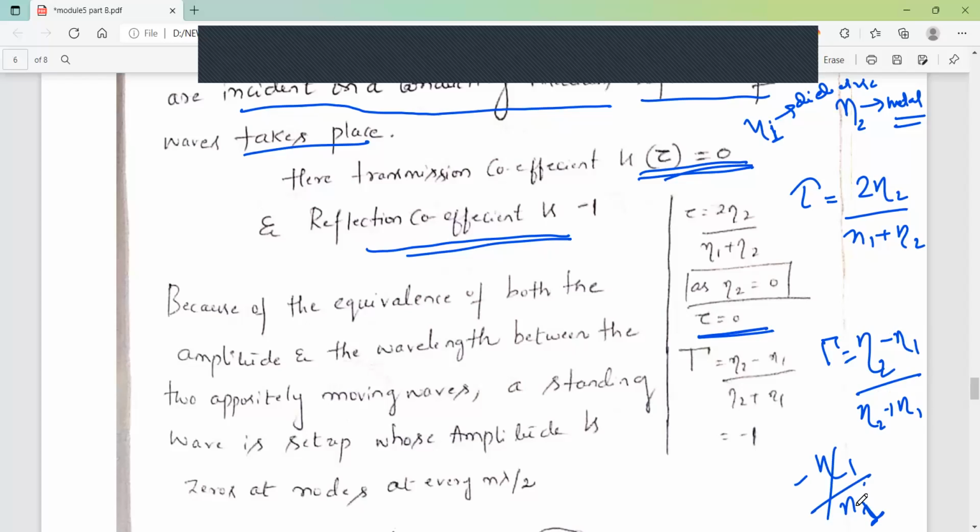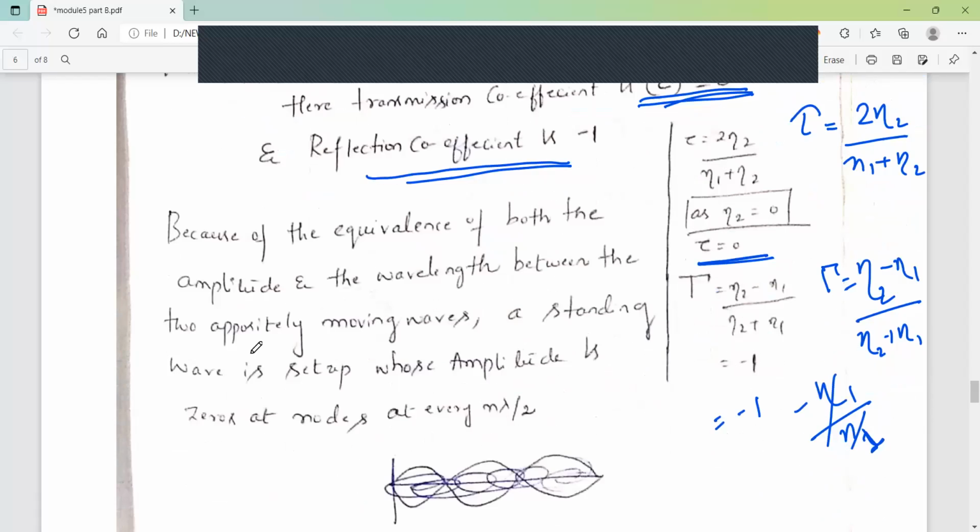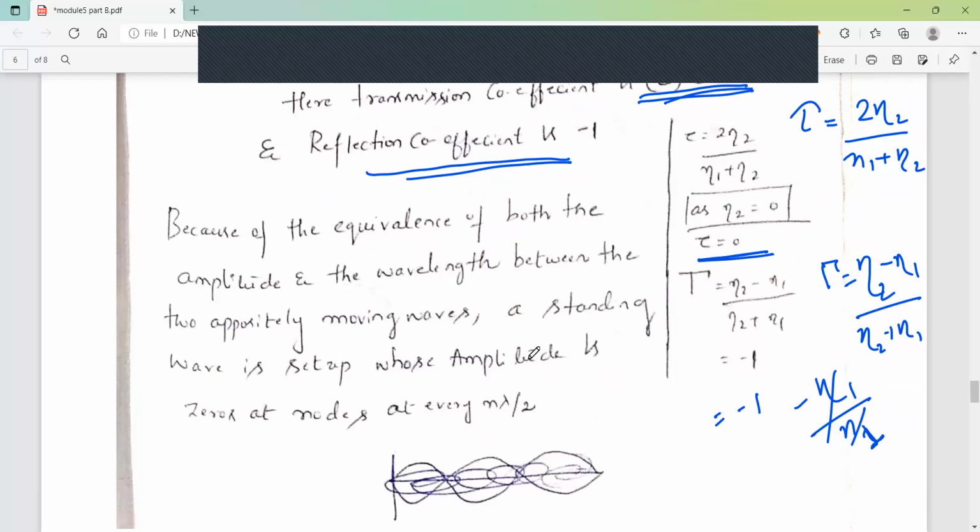So eta 1 gets cancelled out and we get -1. So the reflection coefficient is -1. So the wave is completely reflected back. Because of the equivalence of both the amplitude and wavelength between the two oppositely moving waves, a standing wave is set up whose amplitude is 0 at the nodes at every n lambda by 2.